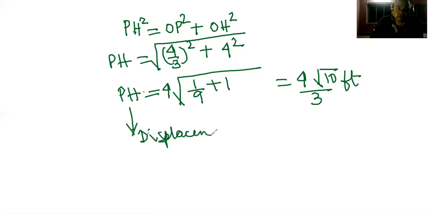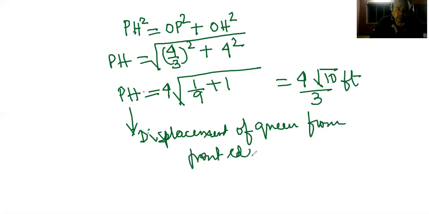This is the displacement of the queen from the front edge to the hole. So this is the second part of the question. Am I clear?